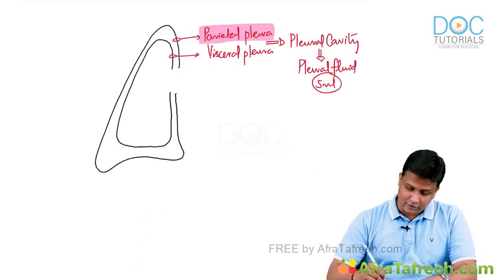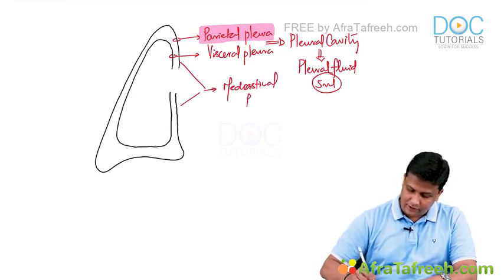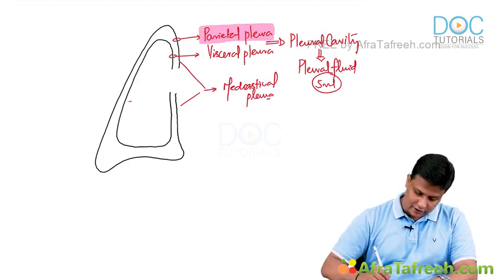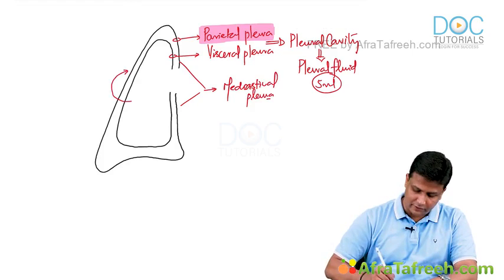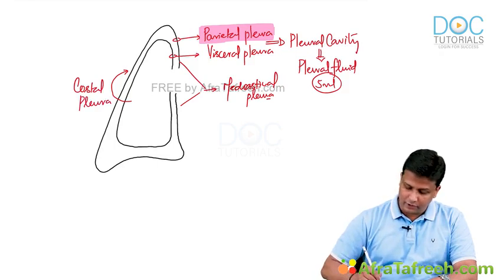So let us write down the names of all these different varieties of the parietal pleura. First of all, this towards the mediastinum is nothing but the mediastinal pleura. So we are speaking about the parietal pleura, that is mediastinal pleura. And the one which is going to take a turn over here will be the costal pleura. And the one below here towards the diaphragm will be the diaphragmatic pleura.